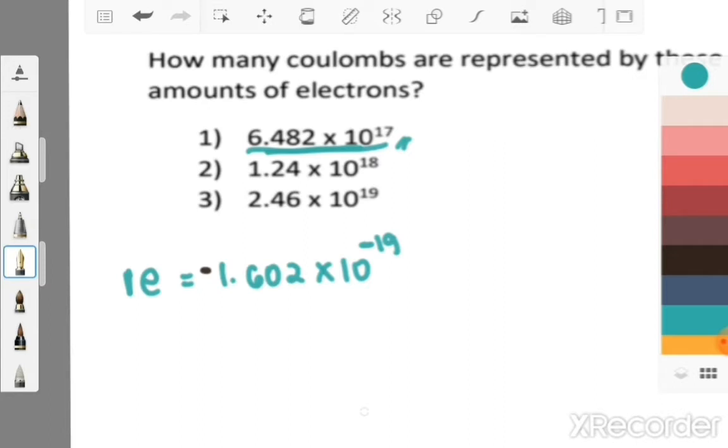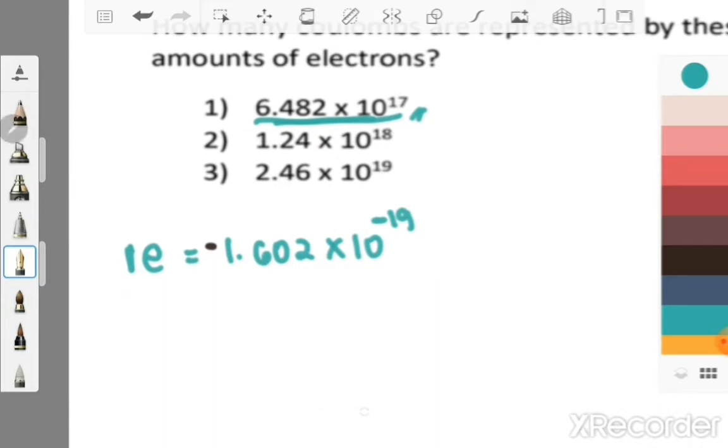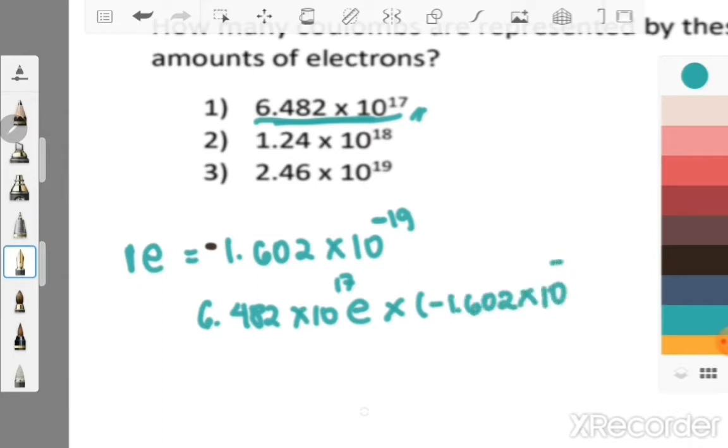So, the charge is equal to 6.482 times 10 raised to 17 electrons multiplied by negative 1.602 times 10 raised to negative 19 coulombs.